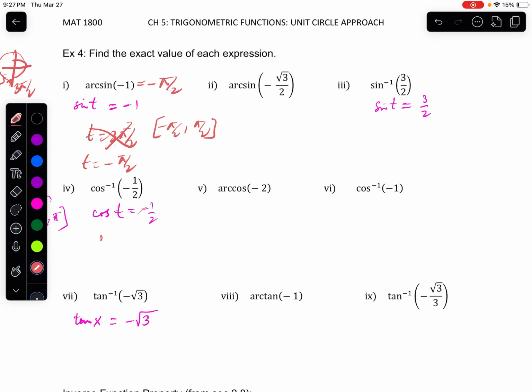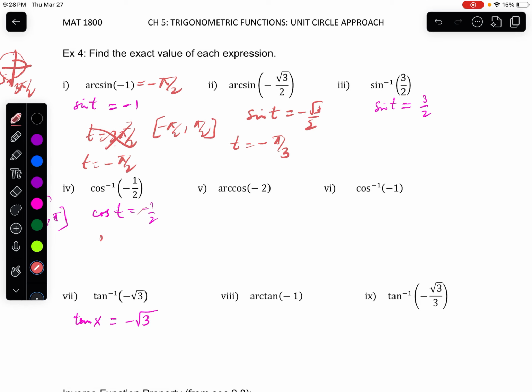Looking at the next one, so we want sine of t equals negative square root of 3 over 2. So sine of t is negative square root of 3 over 2, which means t is negative pi over 3. If we did not have this negative sign, then our t will be pi over 3.